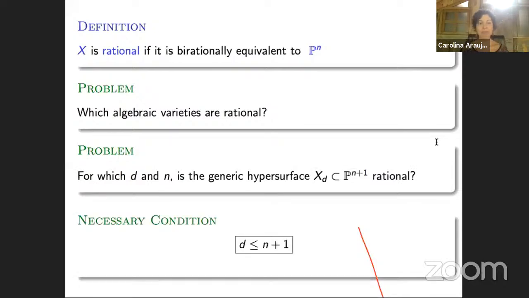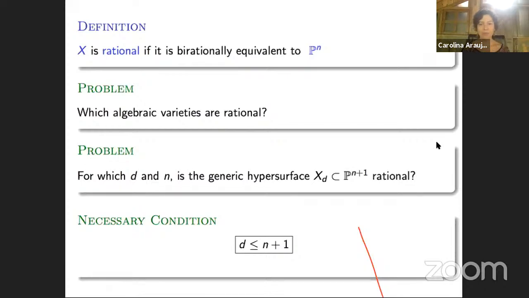To start, we have a necessary condition: such a hypersurface can only be rational if the degree is small enough, if it is less than or equal to n+1. This is easy to get. This is to compute some birational invariants that give you this bound. I do not want to get too much into this.